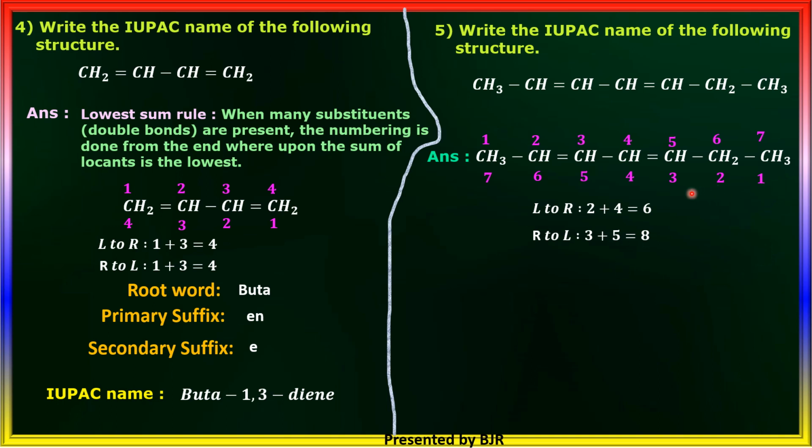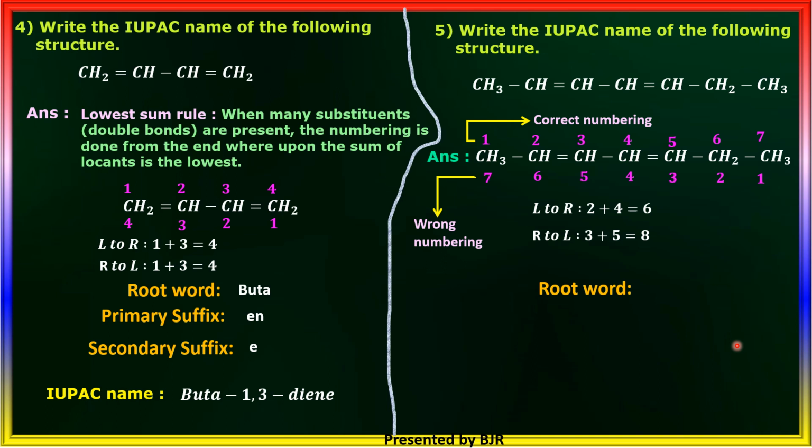On the third carbon, a double bond is there, plus on the fifth carbon, a double bond is there. 3 plus 5, we get 8. So the first one is correct. According to the lowest sum rule, the numbering is done from the end whereupon the sum of locants is the lowest. So this one is the wrong numbering and this one is the correct numbering.